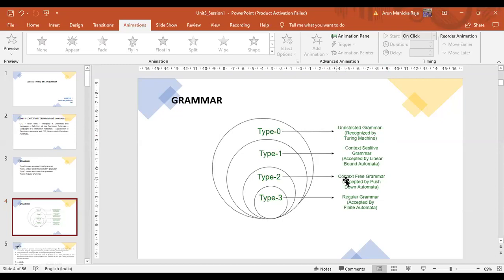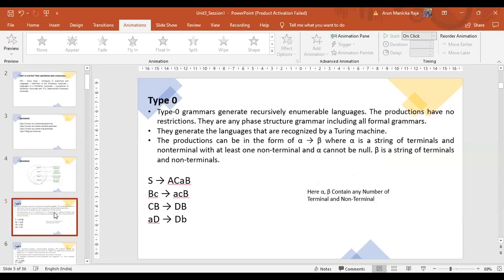Now we are going to see context free grammar and push down automata. Before that, you have to know the conditions and rules of type 0, type 1, type 2, and type 3. Only then can you differentiate them. First one is the type 0 grammar. Here there is no restriction.